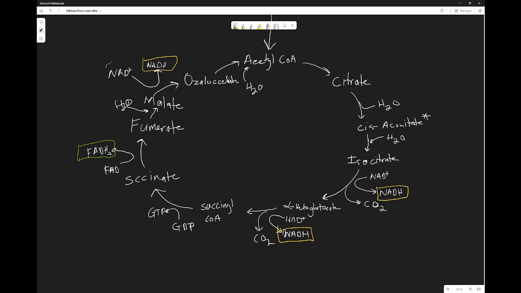Then we have this precursor molecule to ATP that some persons tend to just say ATP, right? But it's really GTP, but persons say ATP, right? We do have stuff like carbon dioxide being produced, right? And some amount of water being produced as well, right? So yeah, that is that.